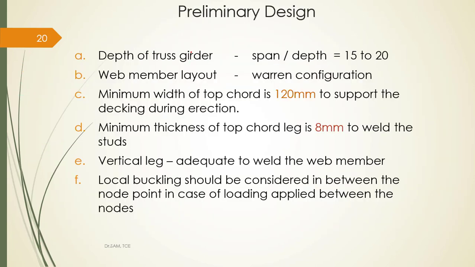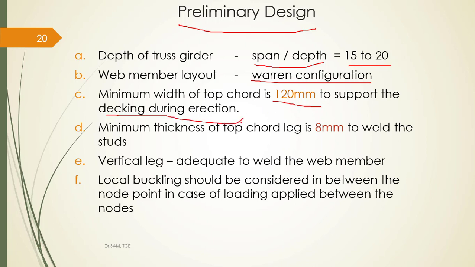Before doing any design, you can use these salient conditions. To design any truss, you have to go for a span to depth ratio of, say, 15 to 20. Mostly it is suitable for the simply supported case. Preferably you can use Warren configuration. The minimum width of the top chord is to be taken as 120 mm, which is found convenient to provide the decking sheet during erection.